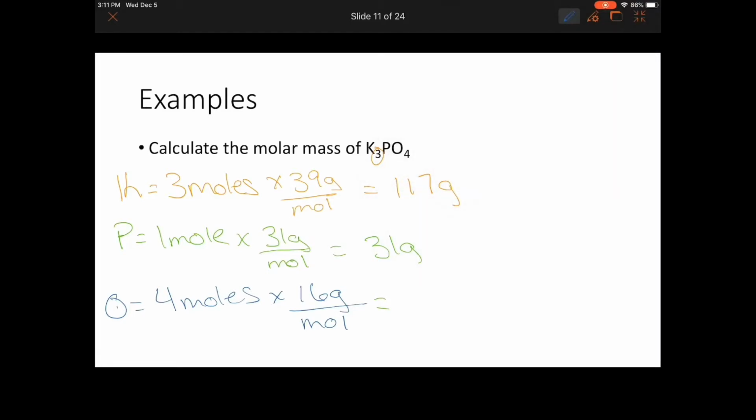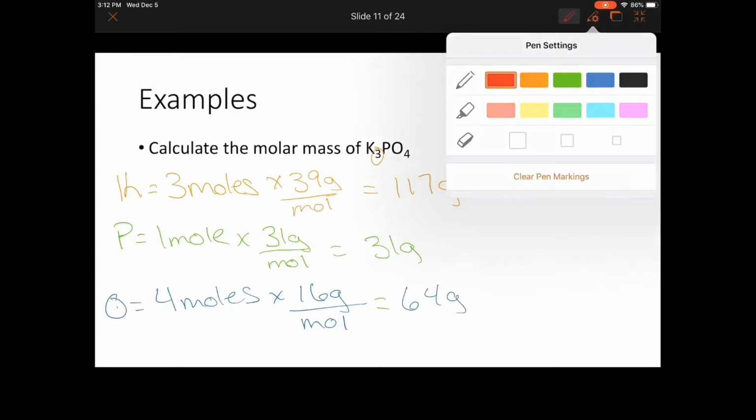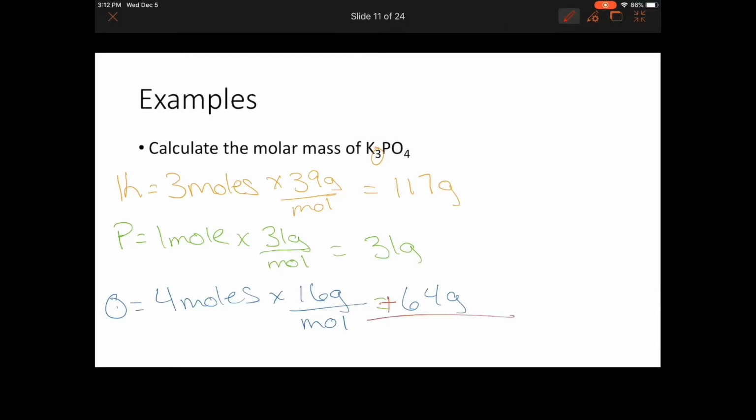Take 4 times 16, and that gets you 64 grams. The very last step should be to add all of these together. So we're going to take 117 plus 31 plus 64, and you should get about 212 grams of potassium phosphate.